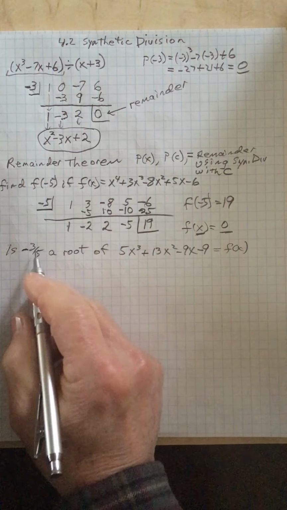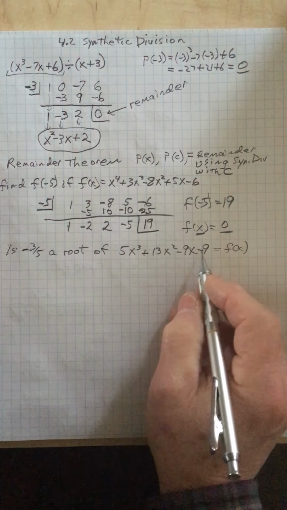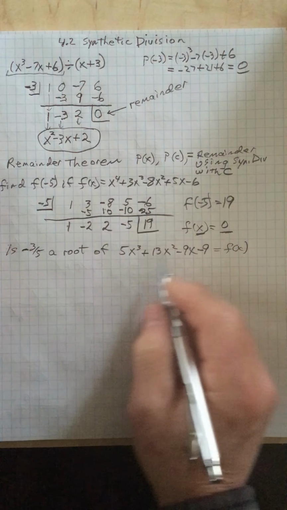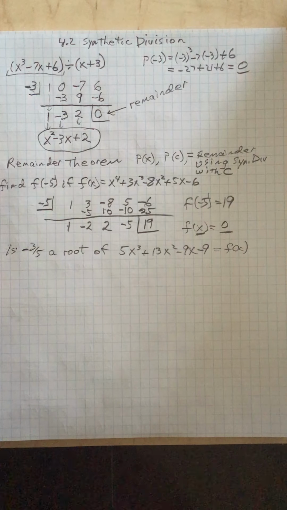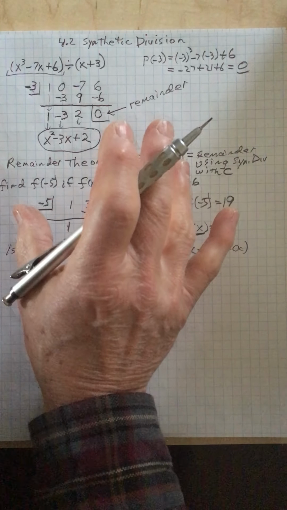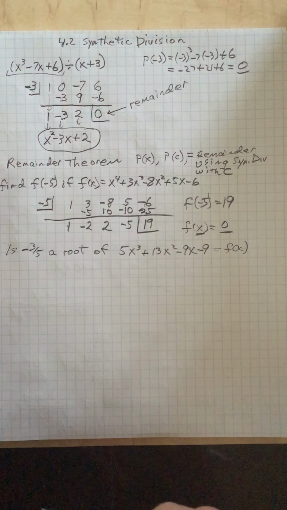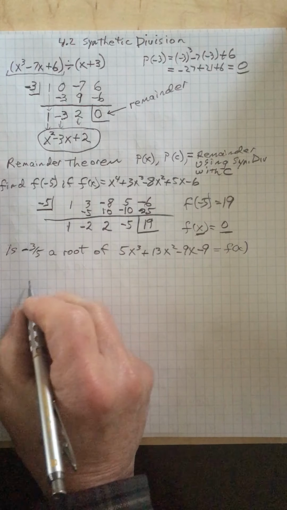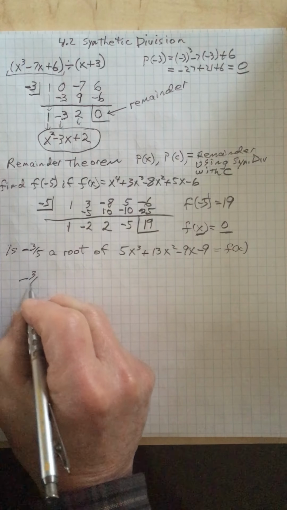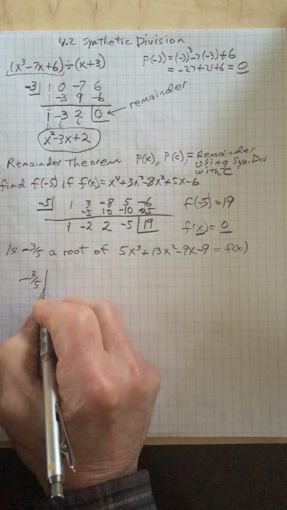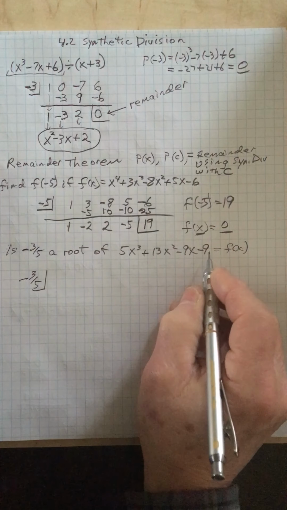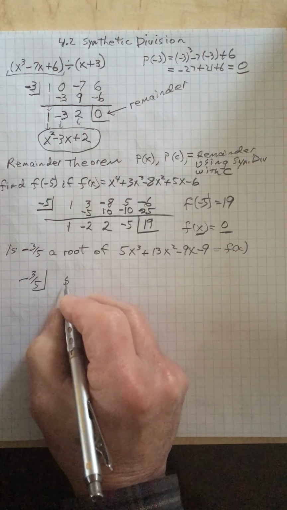But again, that's a lot of work. I'm plugging a fraction in here, it's negative, I have to cube a fraction, square a fraction, all that stuff. Or I can just use the remainder theorem to see if I get 0 as an answer. So minus 3/5 is my root. Here are my coefficients.